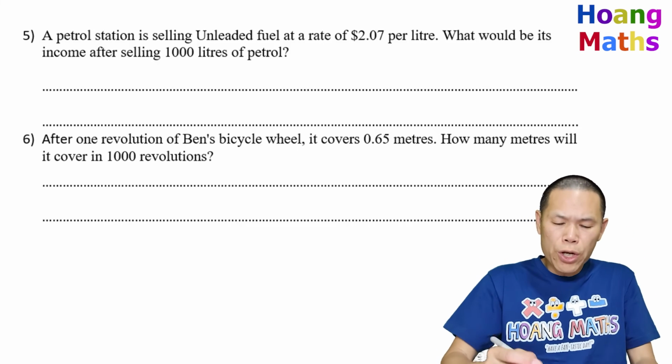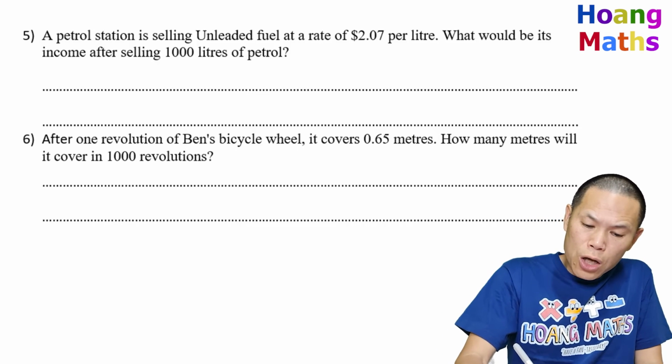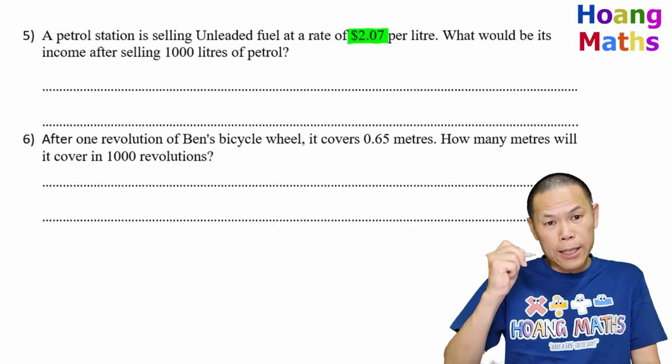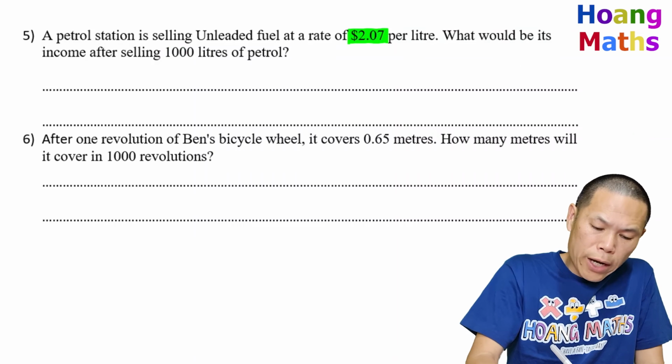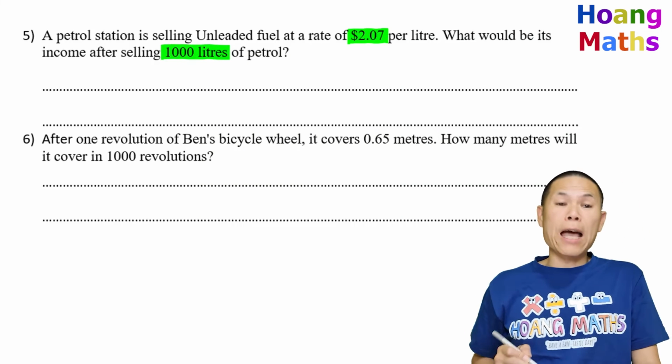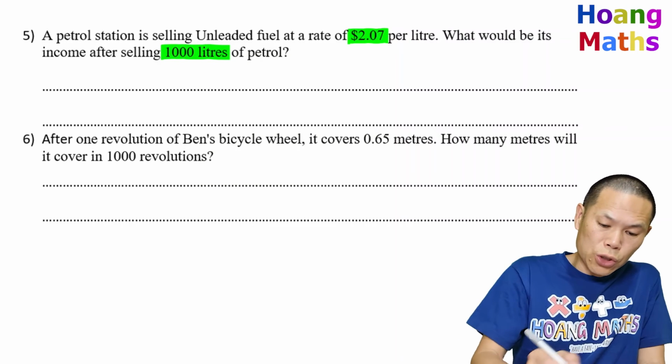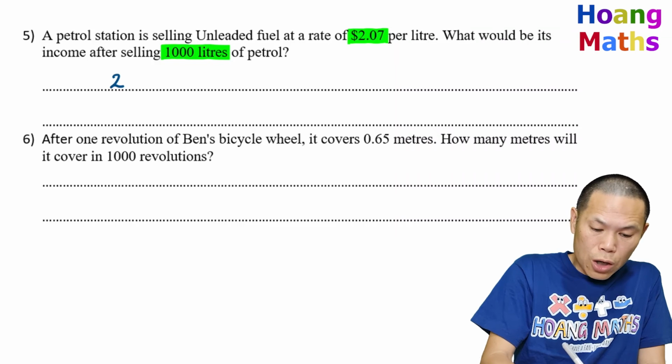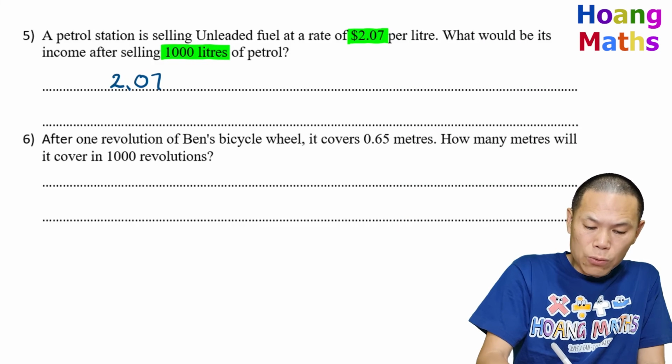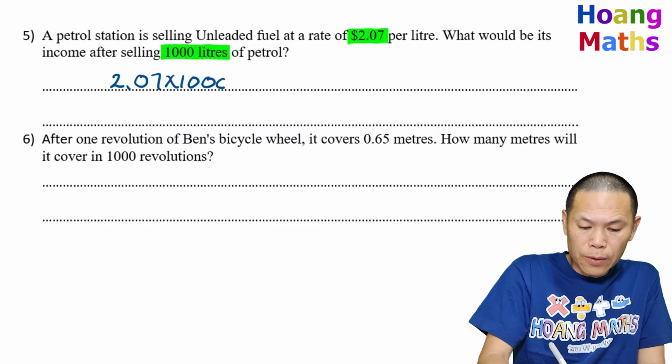So first of all, we know that the fuel costs $2.07 per liter. And we need to work out the income for 1,000 liters. So what we do, we just go $2.07, we just times 1,000.